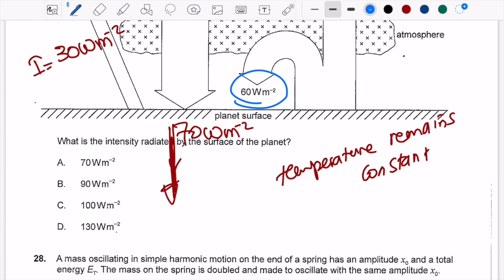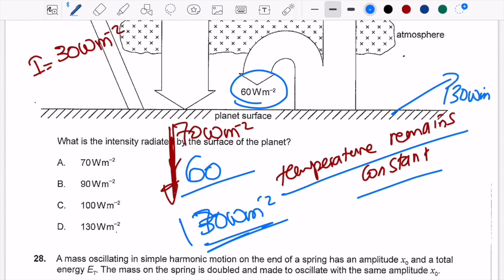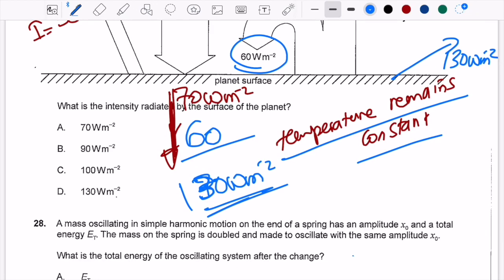So altogether 60 plus 70, 130 watt per square meter intensity is in the earth. As the temperature remains constant, it must be radiating 130 watt per square meter. Otherwise, if it is radiating only 100, the temperature is bound to increase. If the radiated intensity is 150, then it's going to cool down. So answer should be D.